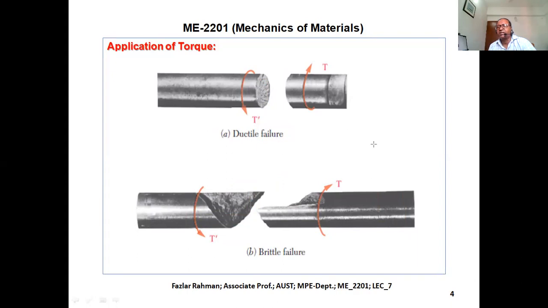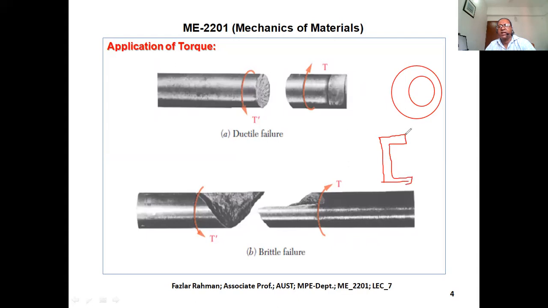But in solid mechanics, we'll talk about only circular shafts, either solid or hollow. But in machine design, you will see you have a bar like a C channel.